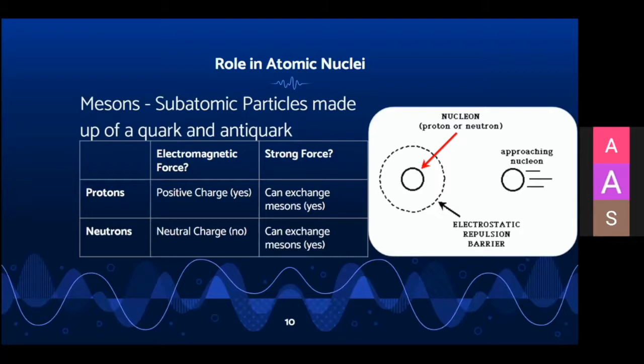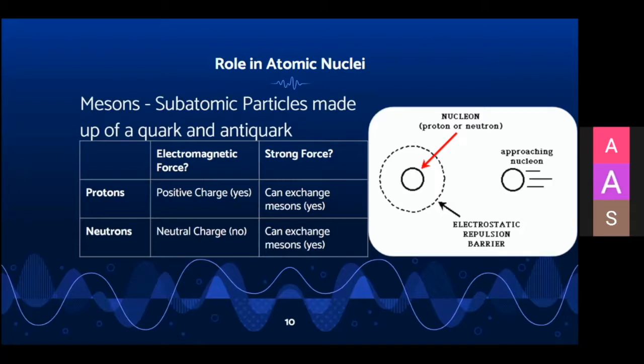Because nuclei are made out of positive protons and neutral neutrons, the overall charge of a nucleus is very, very positive. And since like charges repel, based on the electromagnetic force alone, a nucleus would have no choice but to explode. But the strong force ties the nucleons together.